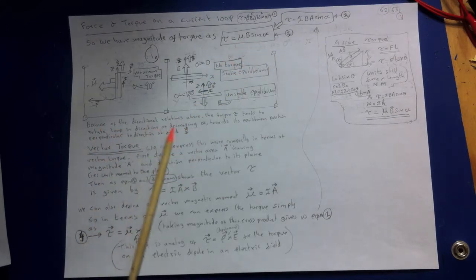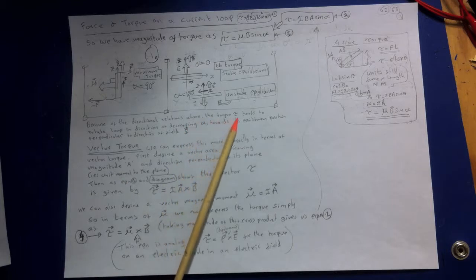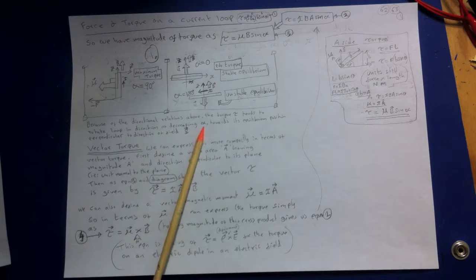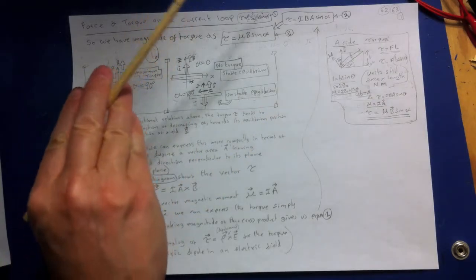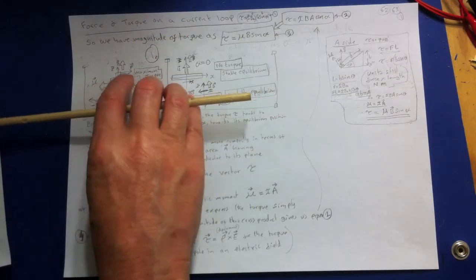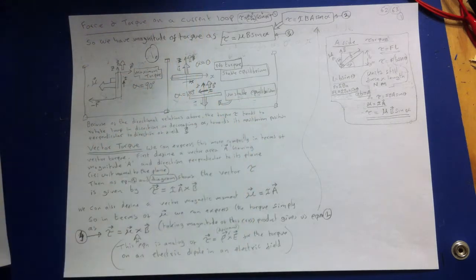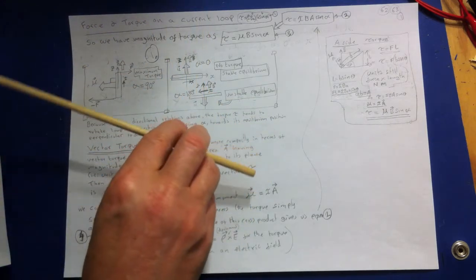Because of the directional relations above, the torque tends to rotate the loop in a direction of decreasing alpha. So we've got a force pulling it that way. This vector mu wants to move from that position to that position, and so the angle is decreasing.